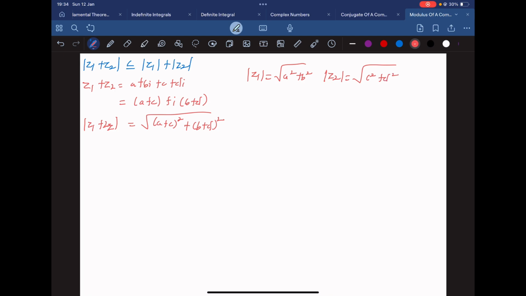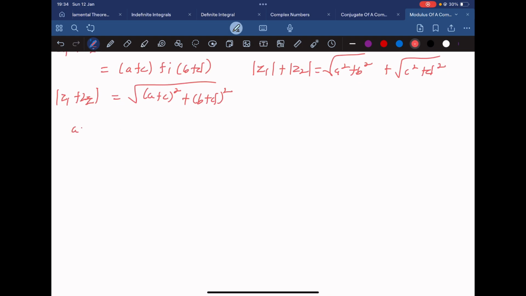So now if we add the two, we are going to have the square root of a squared plus b squared, and the next one we're going to have just plus square root of c squared plus d squared. So how do we know if this is indeed lesser than this? So first of all, let us just pick some random numbers, right? Let's say we have a to be 1, b to be 2, c to be 3, and d is equal to 4.